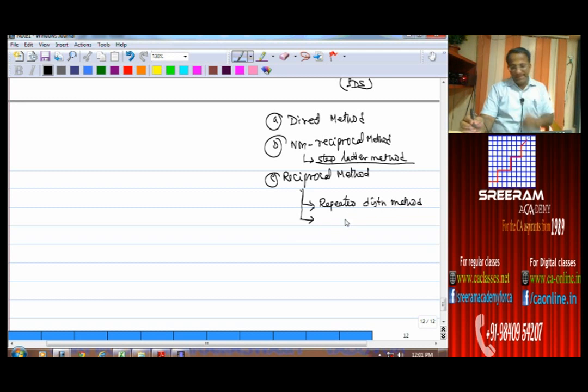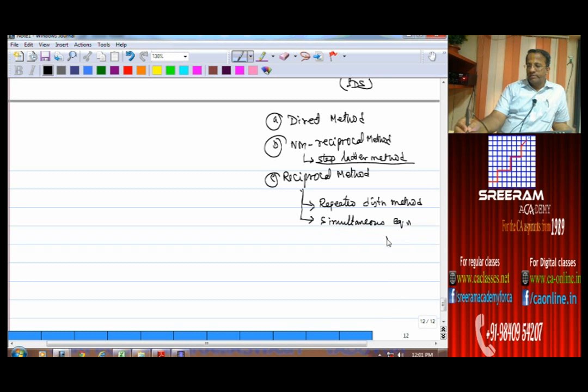Then next one is simultaneous equation method. What is that? Repeated distribution method. The other one being simultaneous equation method.